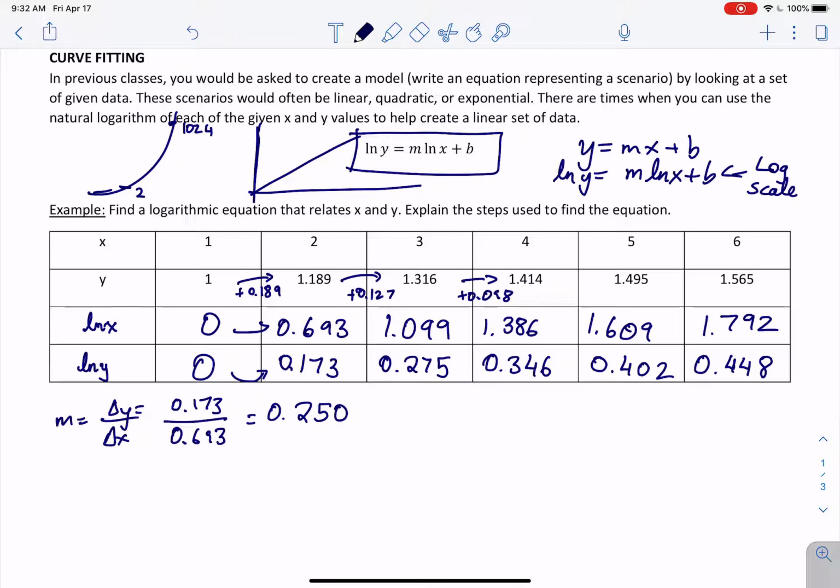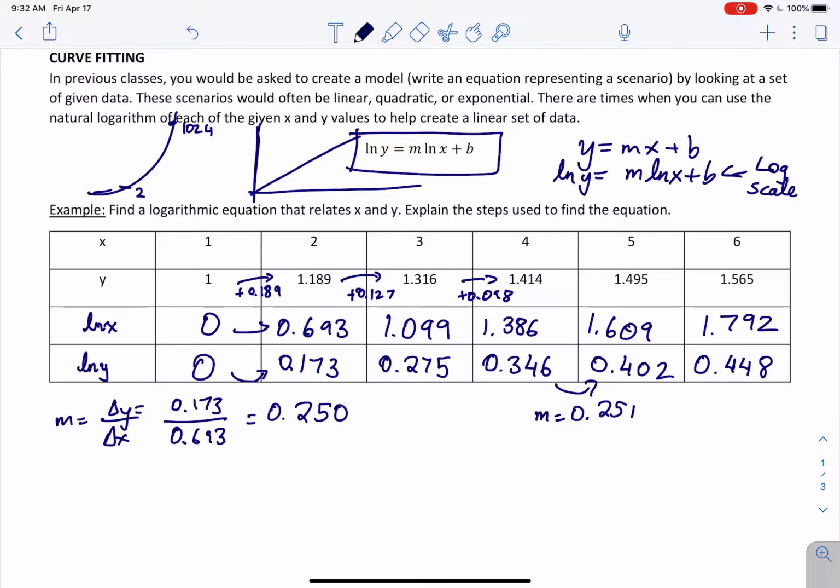And I can check it at some other point just to see if I'm getting a similar slope. So let's do it over here. So 0.402 minus 0.346 divided by 1.609 minus 1.386. And here we get about 0.251.